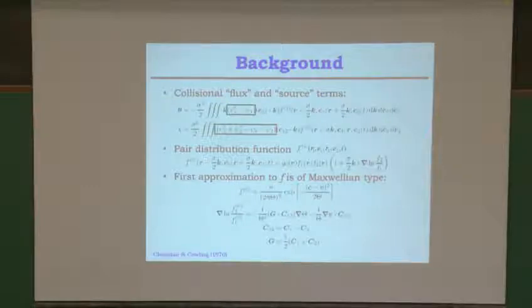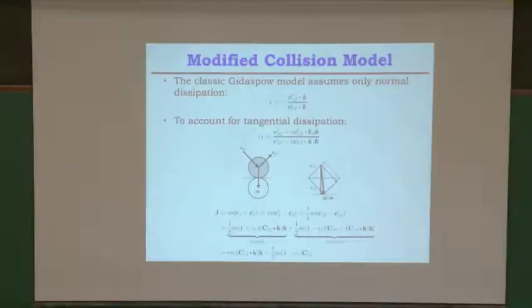We're not going to go through all the different terms, but then we have a pair distribution function. And the first type of approximation that we typically use is to describe f with a Maxwellian or Gaussian distribution, which then will lead to a gradient of the log of those distribution functions as shown here in that particular equation.